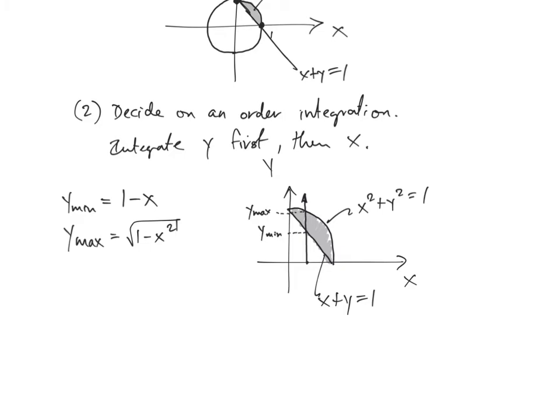Okay, so I'm integrating with respect to y first. So, you know, I'm going to have some function of x and y, dy, where y goes from 1 minus x squared to 1 minus x. So that means I integrate with respect to y, right? I end up with some expression that has x's and y's in it after I do the integration.